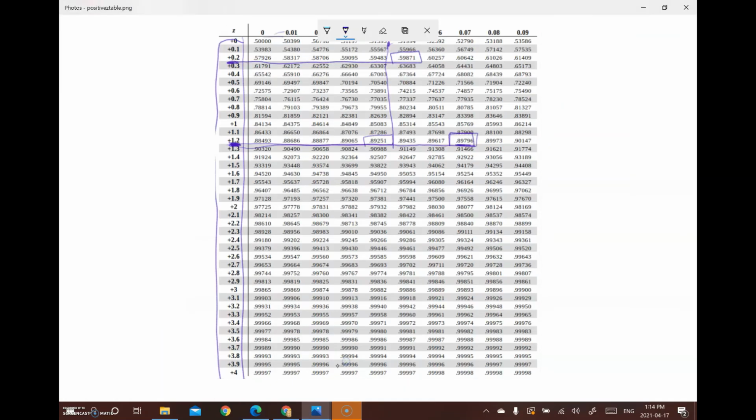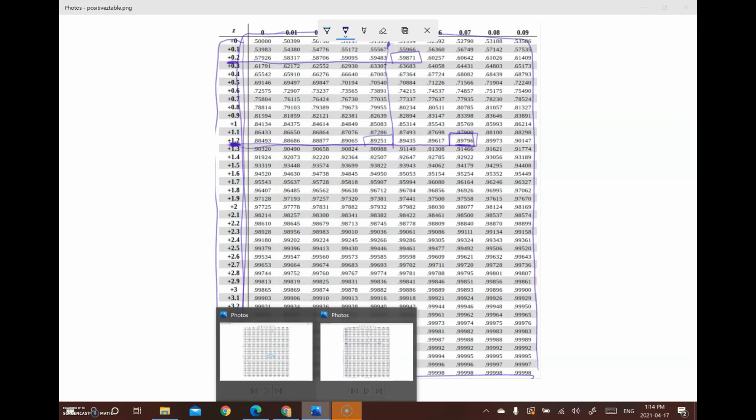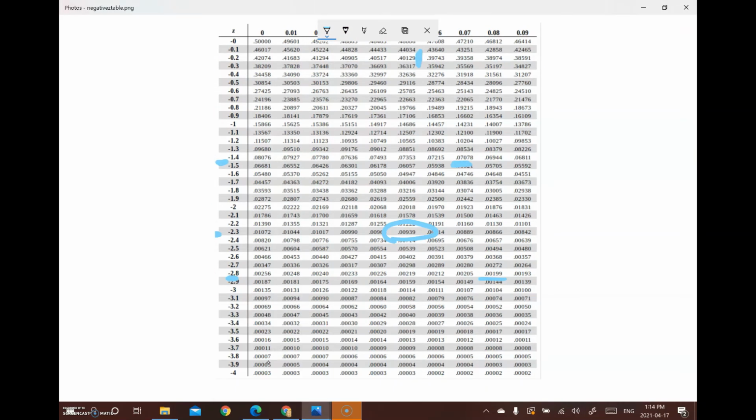So I'm going to go to my table, and in these decimal ranges, I need to find the closest to 0.25, and these ones are way too high. So that means I'm over at the negative z-score table. So I'm looking for 0.25 in this table.